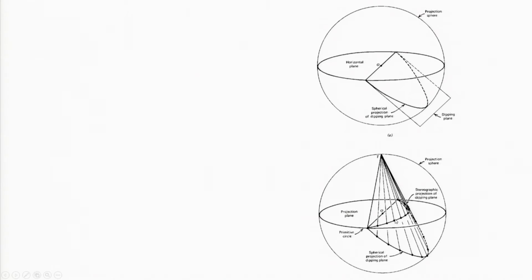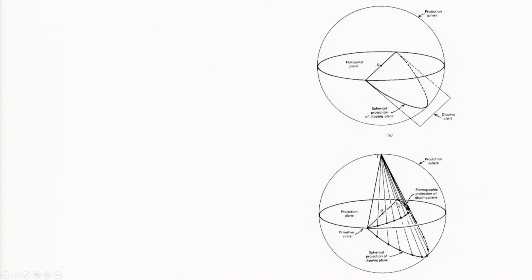So, these are the stereographic projections of all these spherical projections that lie on this curvature. And ultimately, what you have here is this curved line. This is the stereographic projection of a curved line.